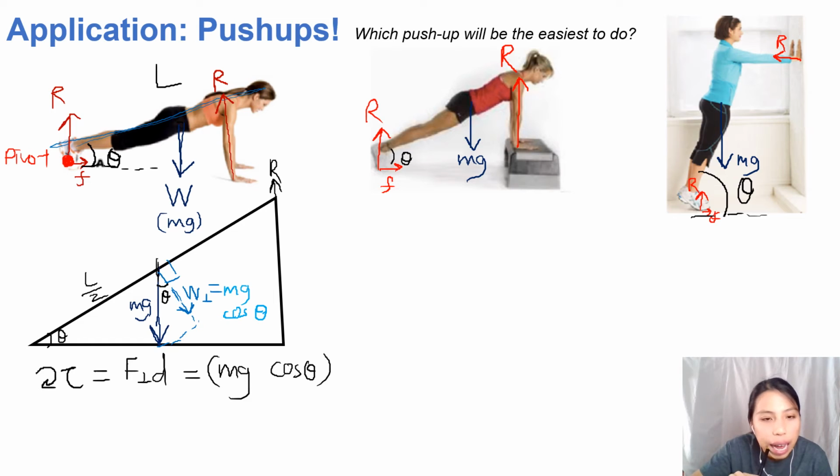And roughly, how far is this weight from the pivot point? We estimated it's roughly L over 2. It's a good estimate for most people. Some people are anomalies, with very long legs or very short bodies, or very long bodies and very short legs. Anyway, the clockwise torque is L over 2 times mg cos theta. That's how much torque you need to counter if you want to push your body up.